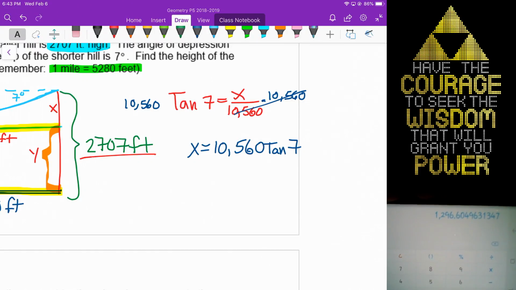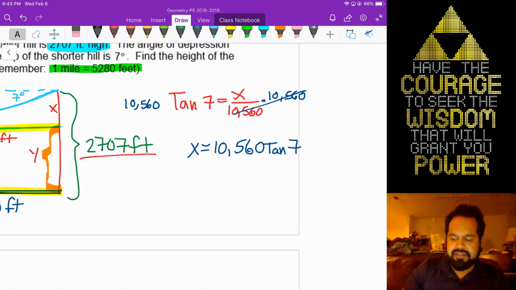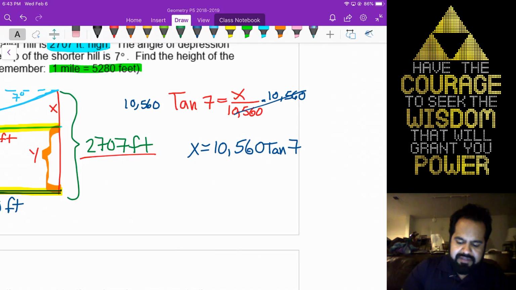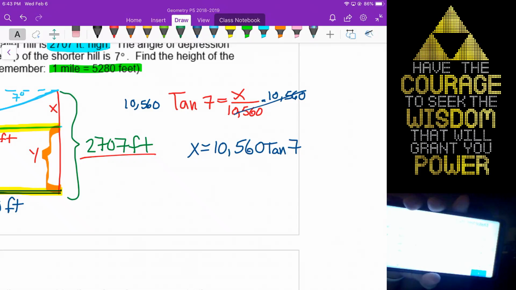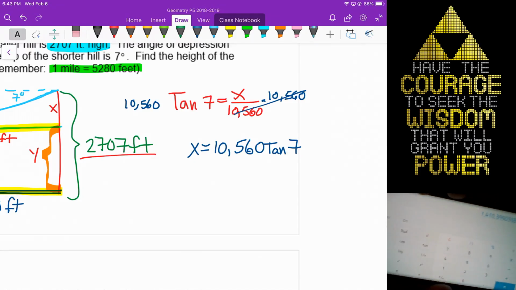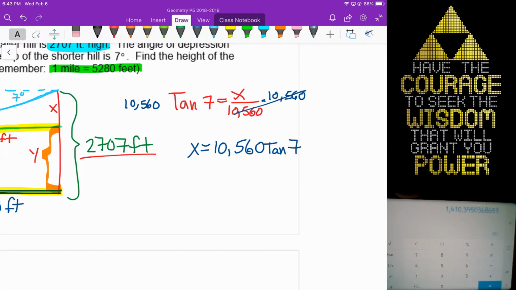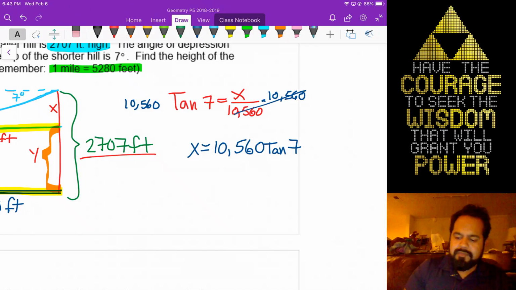Right? But now I need to take that answer and subtract this from 2707. So 2707 minus my answer. Oh my gosh, my phone is not the best calculator. So I get this nice solid 1,410.